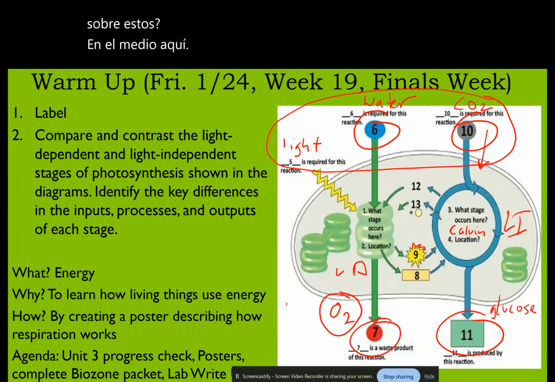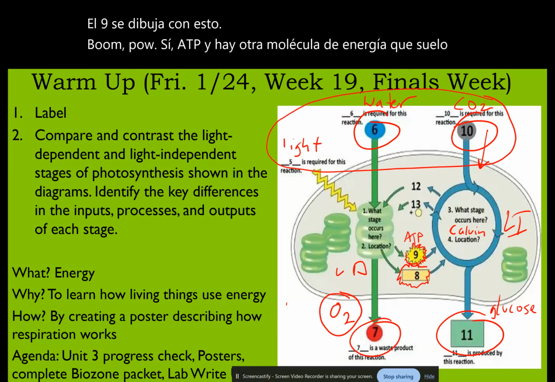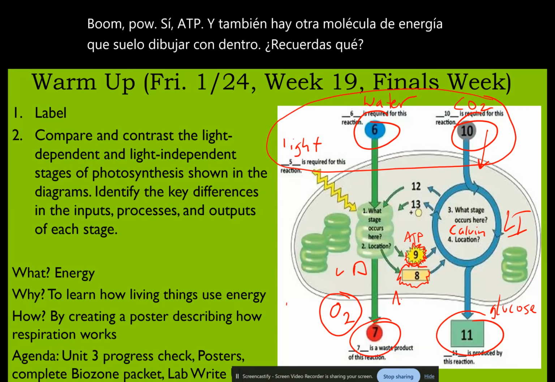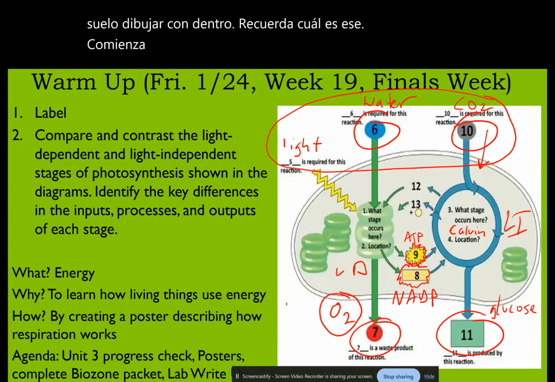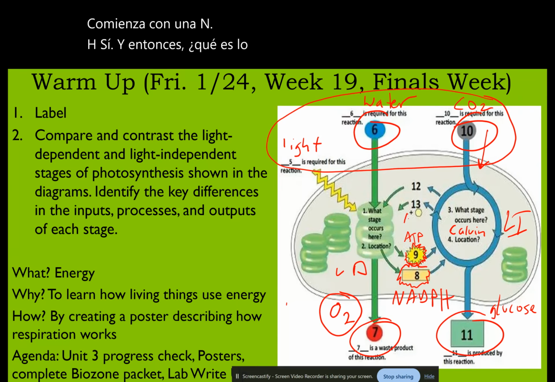9 is drawn with this boom, pow. Yeah, ATP. And there's another energy molecule. I usually draw it like this too. Remember what that one is? Starts with an N. H, yes. And then what's the opposite of ATP? ADP. That's correct.